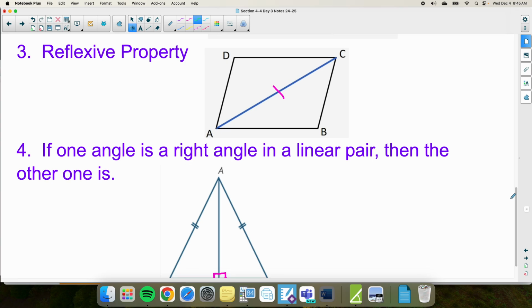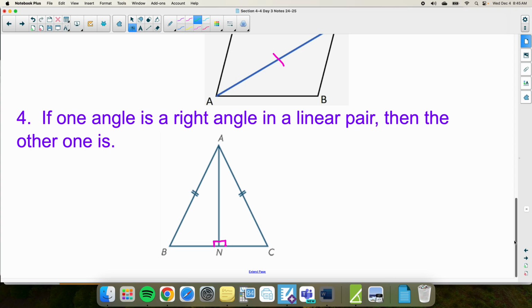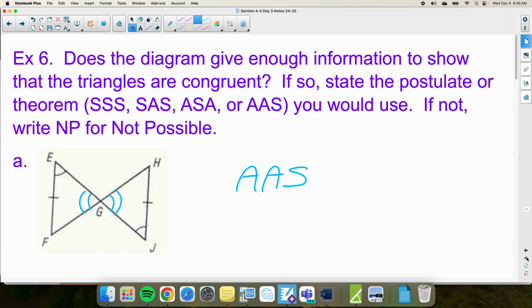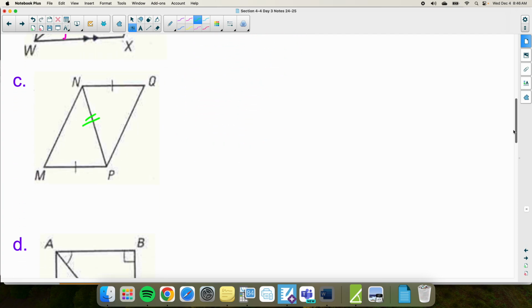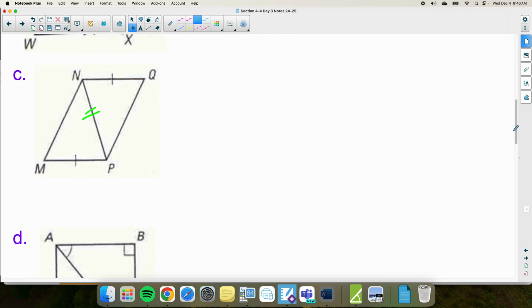If they share a side, you can mark reflexive. If there's a right angle, you can mark the other right angle. But in this one that we're on, there's no vertical angles. We already did reflexive. There's no parallel lines, so we can't do alternate interior, and there's no right angle. So there's nothing else we can do. There's only 2 things, so then we just write not possible.